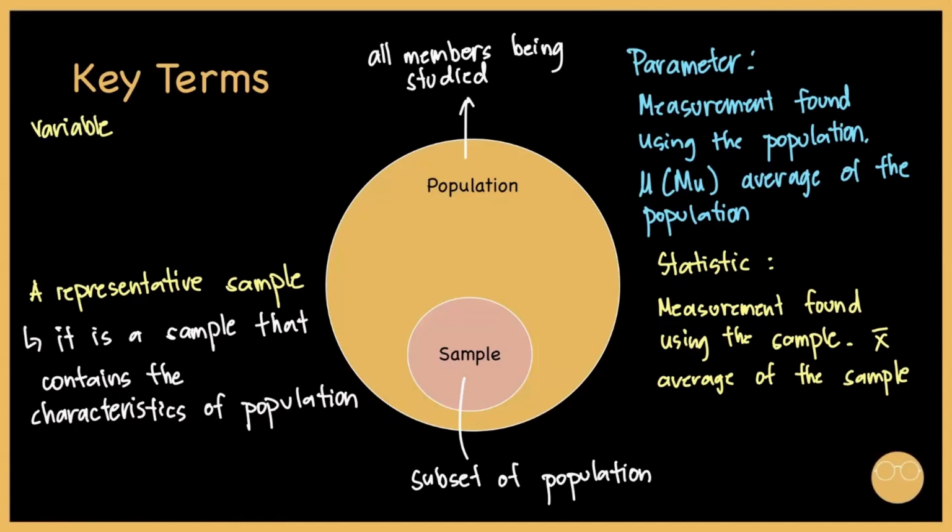In statistics, we are going to encounter a variable. A variable can be denoted by capital letters such as X and Y, which is basically a characteristic of interest for each person or thing in a population.